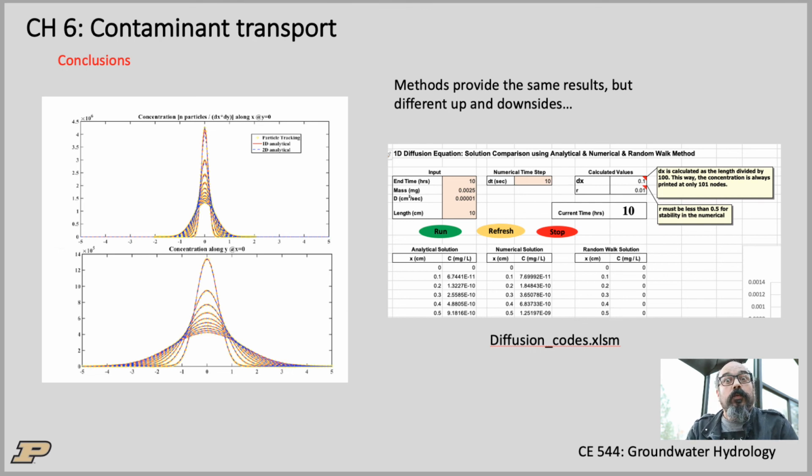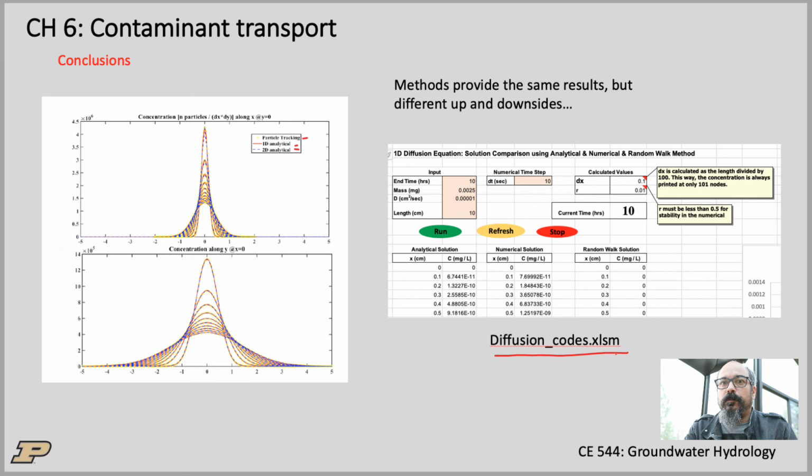So hopefully they should be the same, right? And you can see here on the left, in yellow is the particle tracking that I just showed. In red is a 1D analytical, and in blue is a 2D analytical. I don't have the final difference on this plot, but you can see that they do basically the same thing. On the right-hand side here is another, an Excel interface.